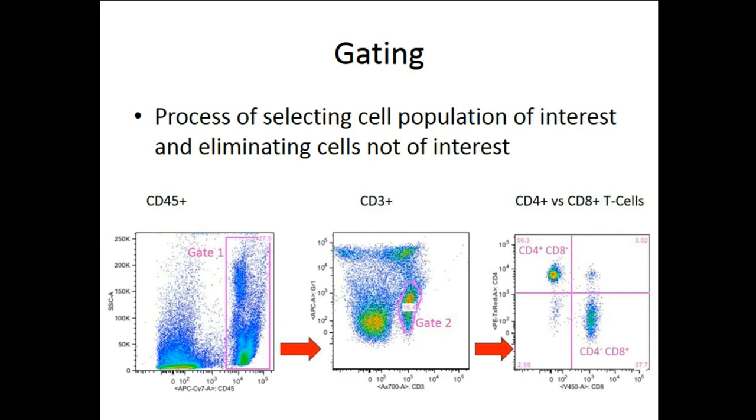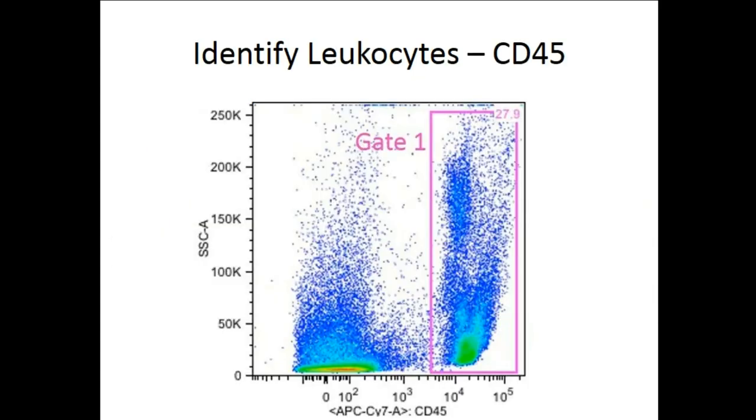So what we have here in the first step is a stain for CD45. What is CD45 stain? Leukocytes. Perfect.